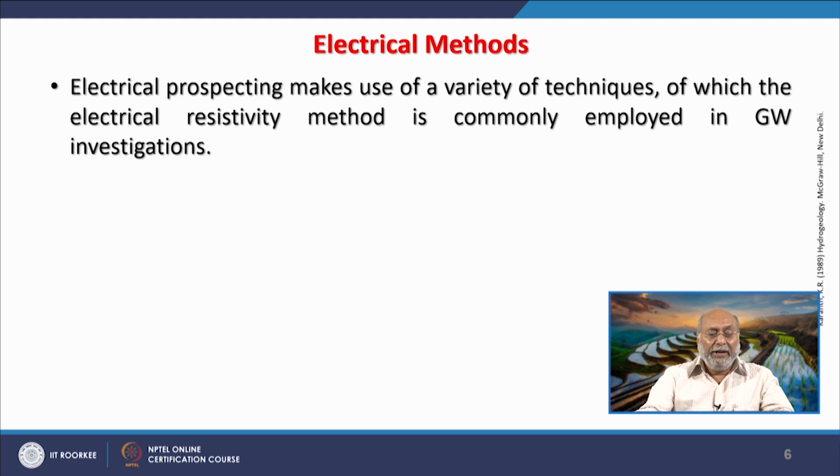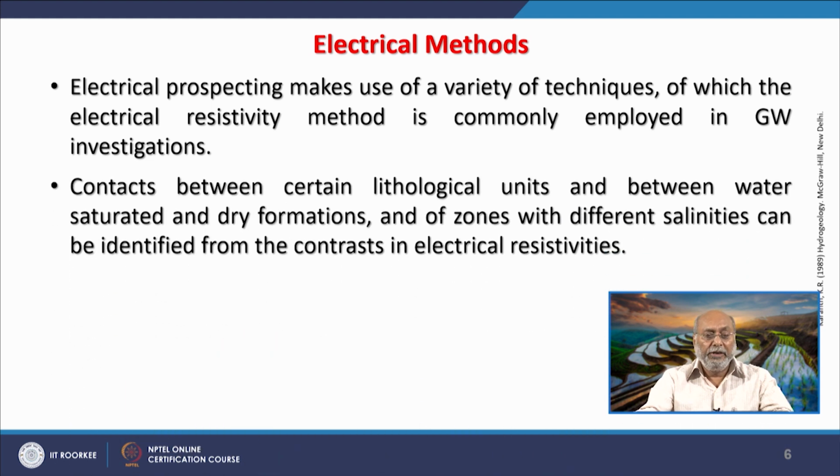Two main techniques which we will be discussing are based on electrical resistivity. It is the most common surface geophysical technique for groundwater exploration. As said in the beginning of this discussion, perhaps this is the most cost effective as compared to other geophysical techniques. That is why it is more commonly used.